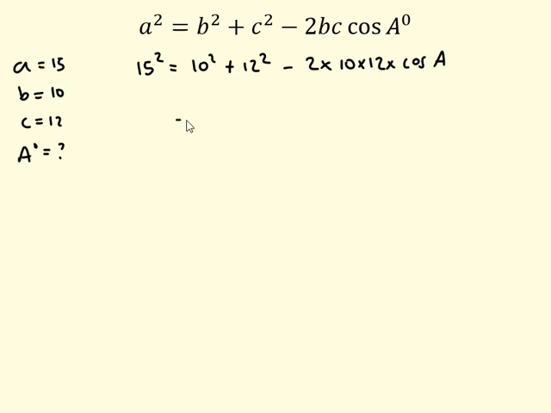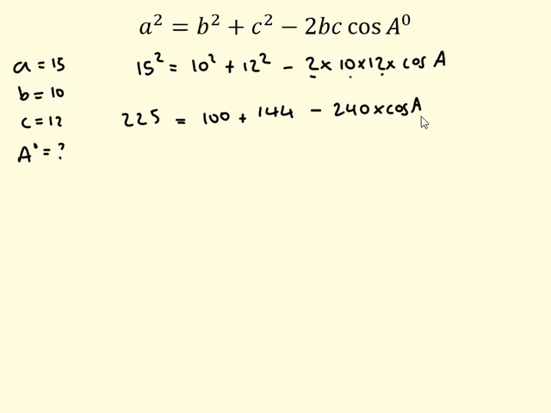Let's work out some of those things to reduce the numbers. So 15 squared is 225, 10 squared is 100, 12 squared is 144, and for this bit here, 2 times 10 times 12 would be minus 240 times cos A.